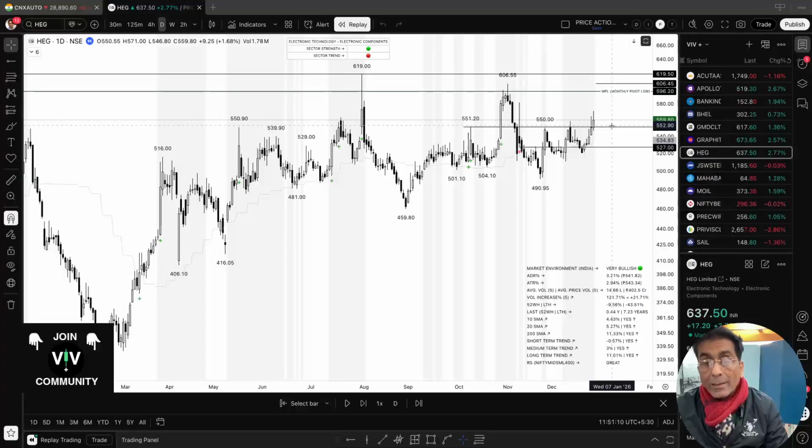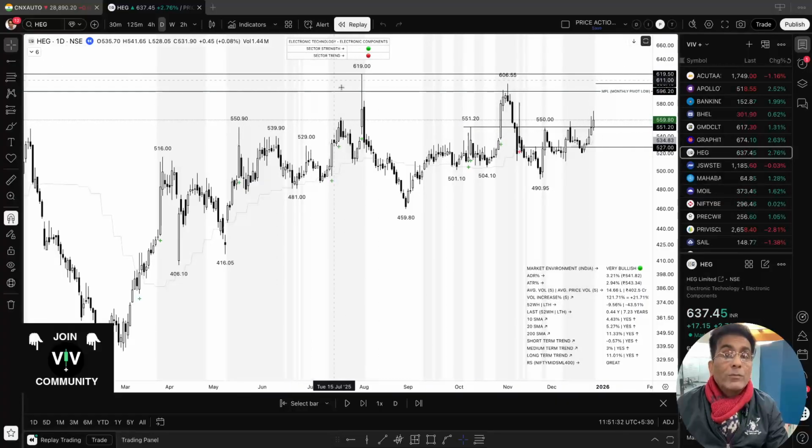In the scanner you will see multiple stocks, then you have to choose yourself. We don't guide that, okay, buy this or that. Our purpose is to teach you how to catch the fish, not provide the fish.